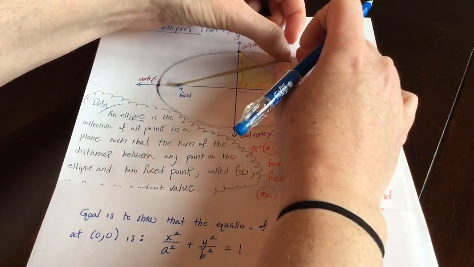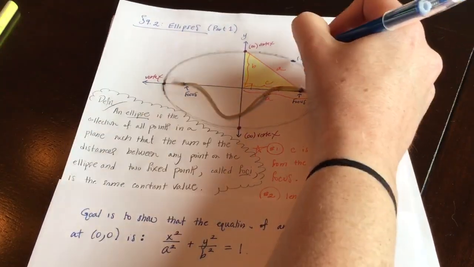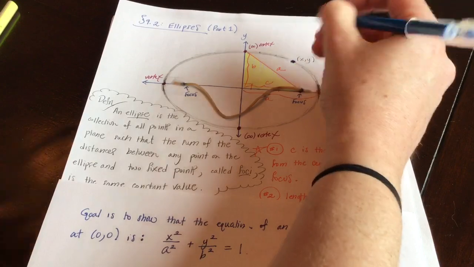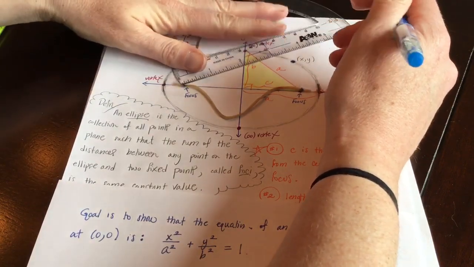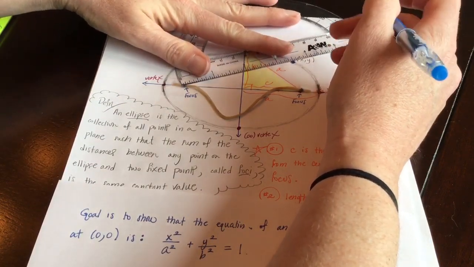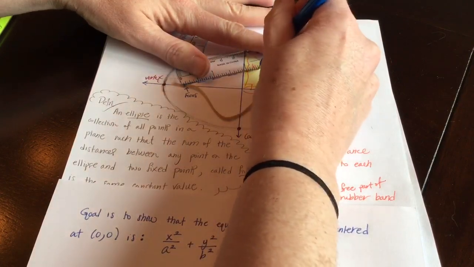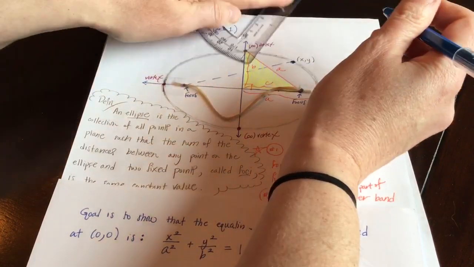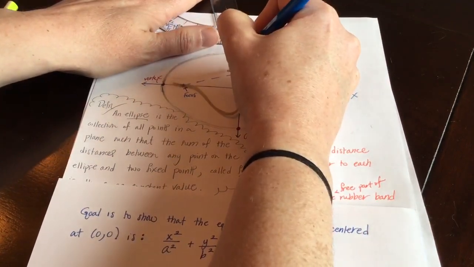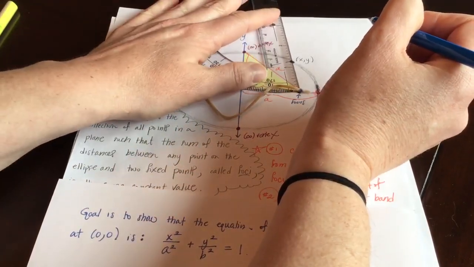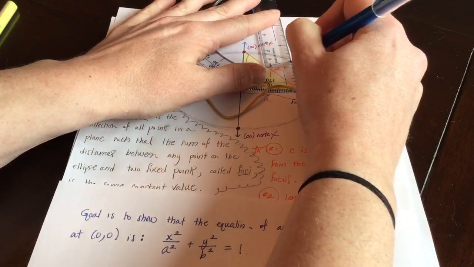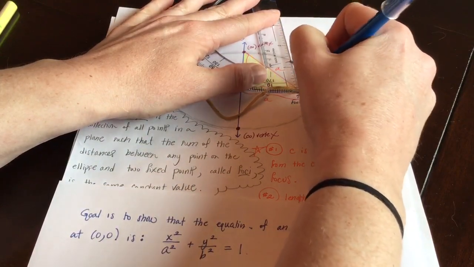And so I think what I'll do is we're going to focus on this point right here, x, y, and I'm going to draw in where the rubber band was. So it went from the focus to that point. I'll call that distance 1. And then the rubber band also went from this focus to that point.